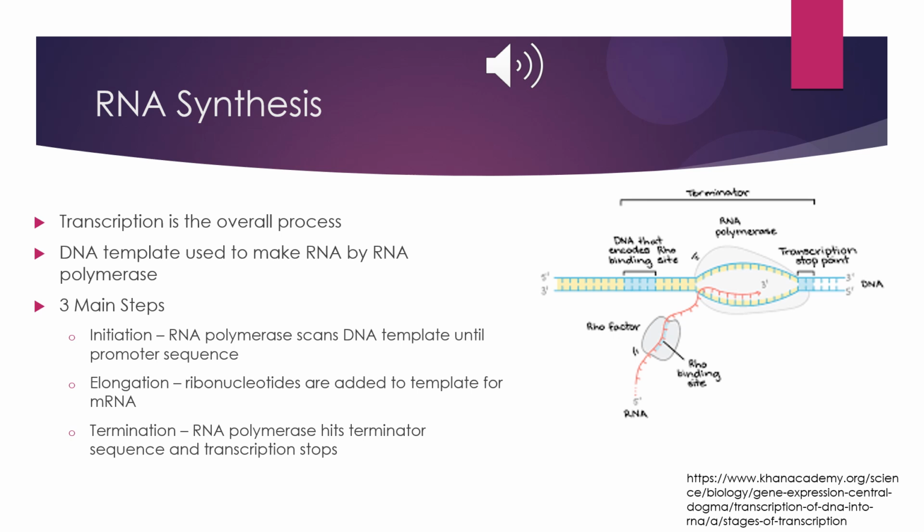What happens in this step is an RNA polymerase scans the DNA template until it reaches the promoter sequence. Then step 2 is elongation. This is where the ribonucleotides are added to the template for mRNA. And the third and final step is termination, which is when the RNA polymerase hits the terminator sequence and transcription immediately stops.